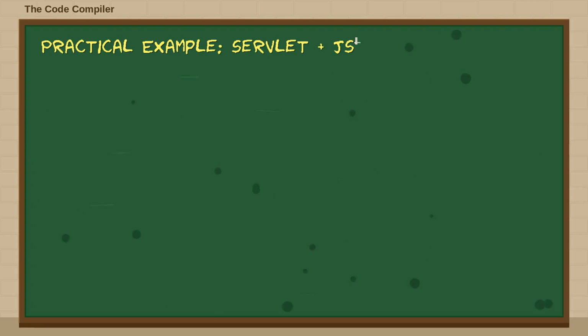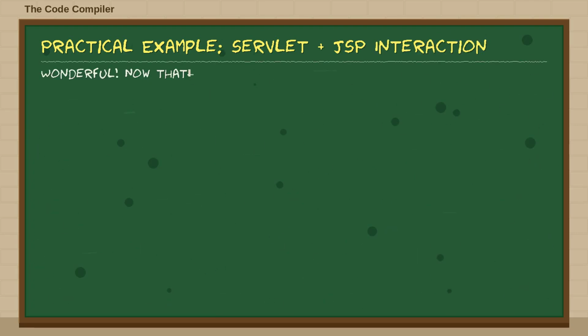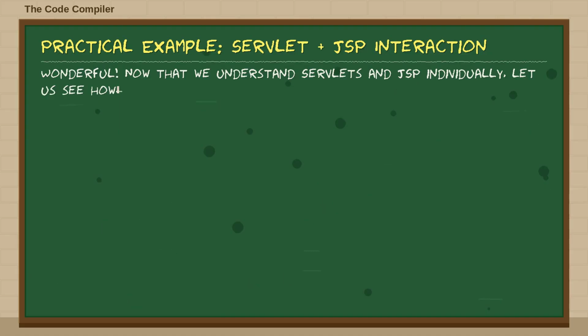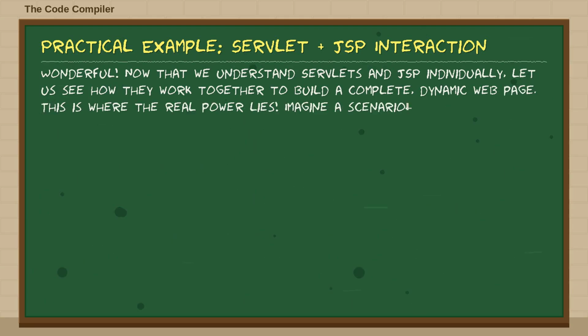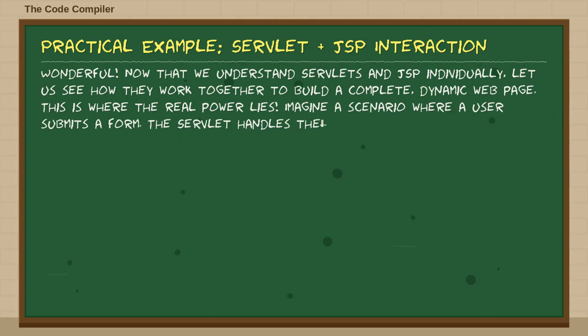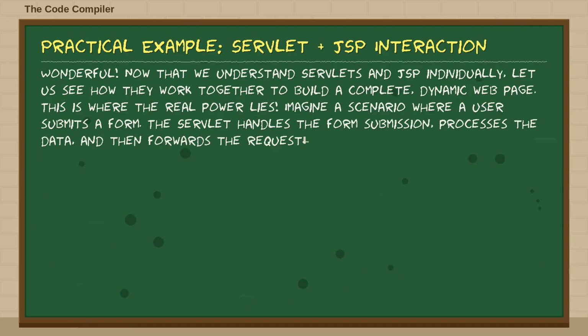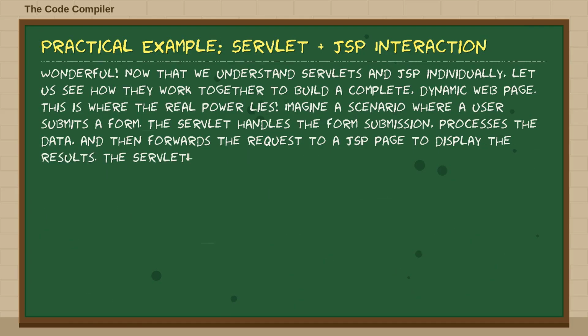Wonderful! Now that we understand servlets and JSP individually, let us see how they work together to build a complete, dynamic web page. This is where the real power lies. Imagine a scenario where a user submits a form. The servlet handles the form submission, processes the data, and then forwards the request to a JSP page to display the results.